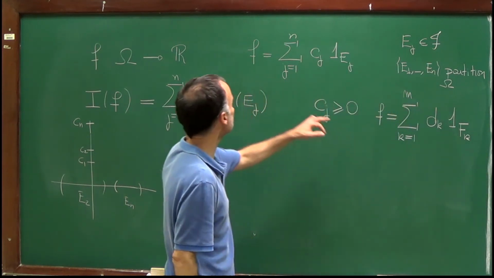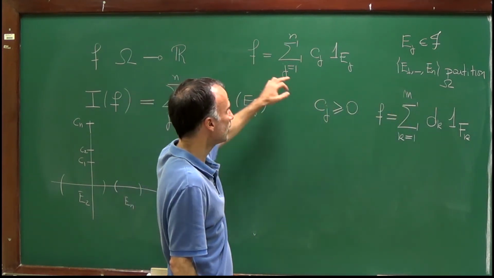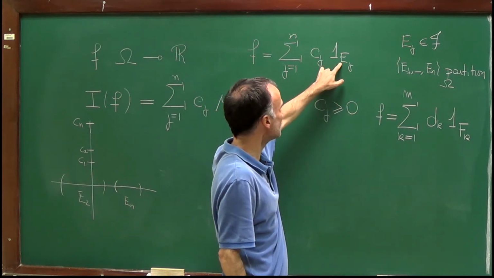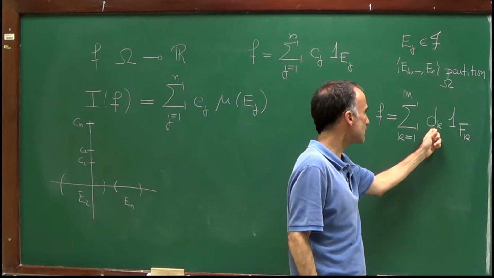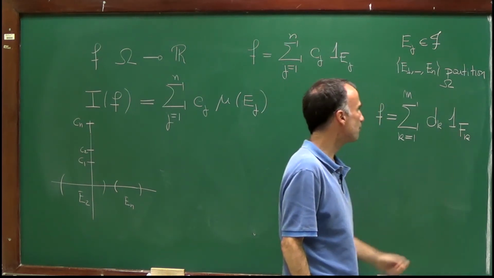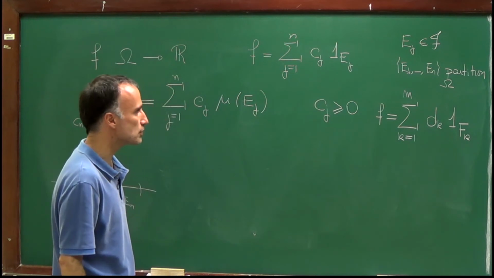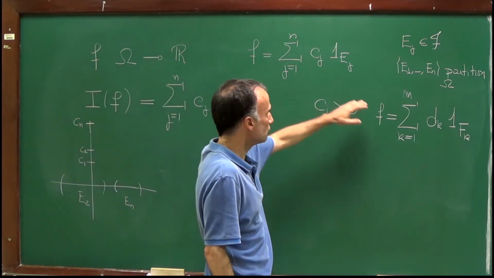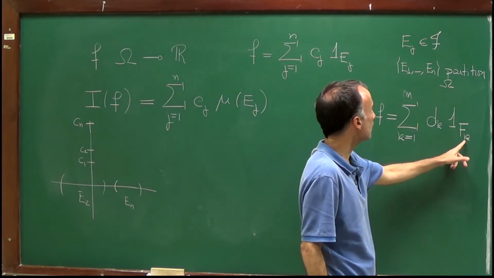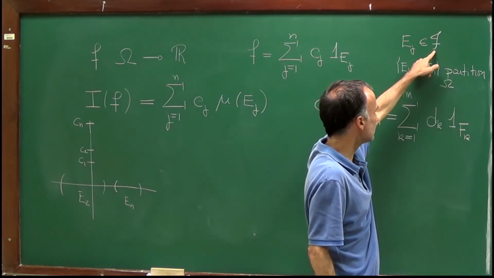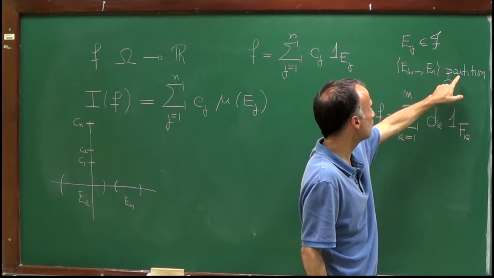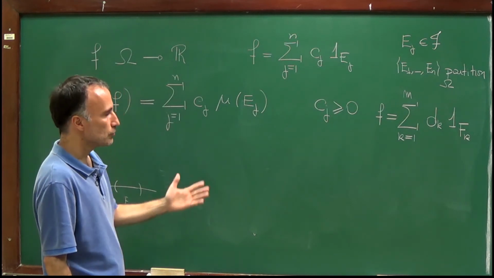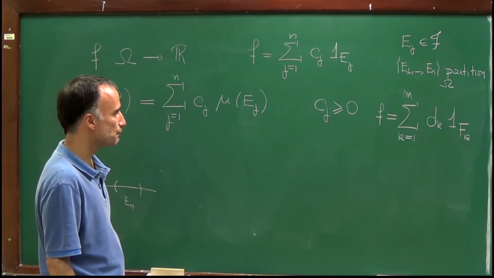So I'm assuming that the same simple function f has two different representations, one as the sum of cj times the indicator of Ej, and the other as the sum of dk's times the indicator functions of Fk. I'm assuming here that the Fk are all sets in the sigma algebra F, and that they form a partition of the set omega, though I'm not writing these assumptions.